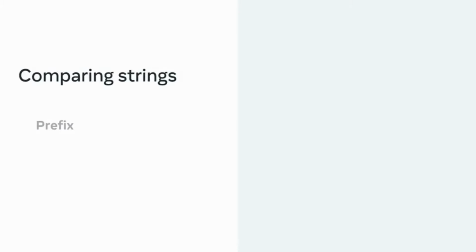Next, let's explore how you can compare strings. This can be done using two types of equality operator known as prefix and suffix. Prefix checks the beginning of the string and suffix the end. Let's explore this in a little more detail now. Before you continue, it's important to note that checking the prefix and suffix uses a functionality known as methods that you can apply to the strings.